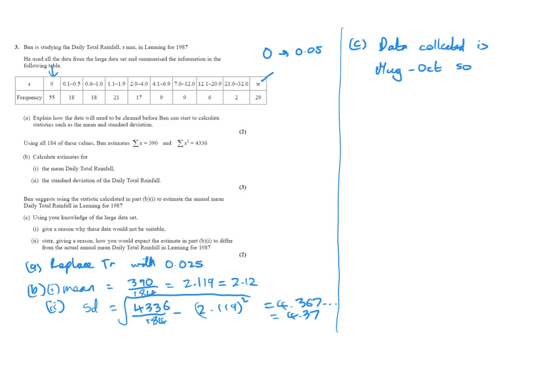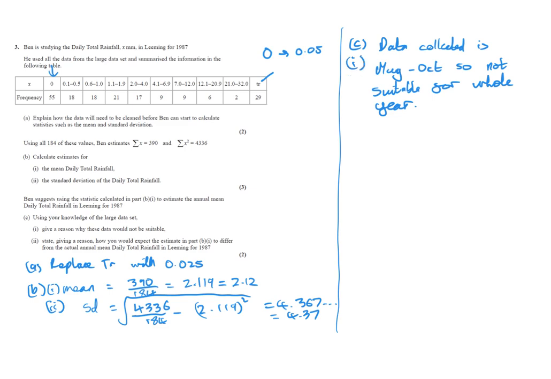So not suitable for whole year. You'd have guessed in Leamington it's going to be a bit wetter in the winter months rather than May to October. You don't need to write all of that. That's absolutely fine for that.